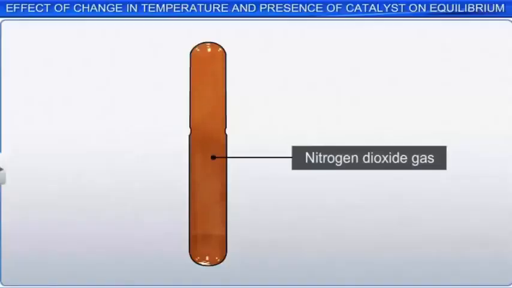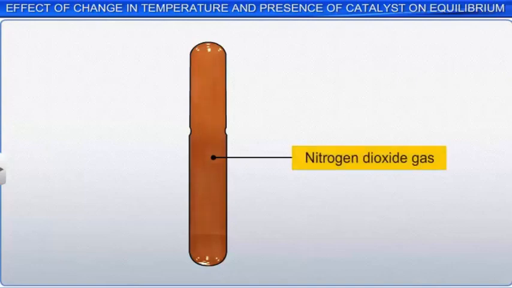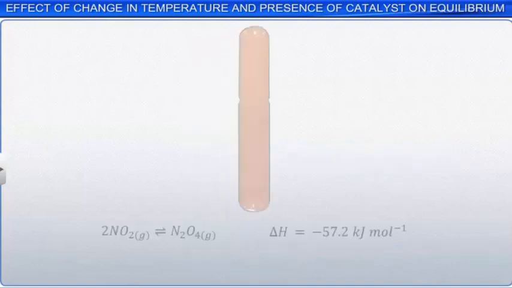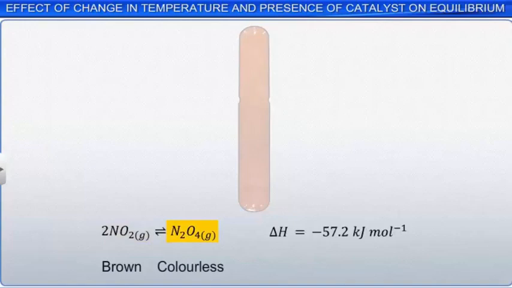The effect of temperature on equilibrium can be demonstrated using nitrogen dioxide gas. Nitrogen dioxide gas, which is brown in color, dimerizes into colorless dinitrogen tetraoxide, which, as you can see from the value of delta H, is exothermic in nature.